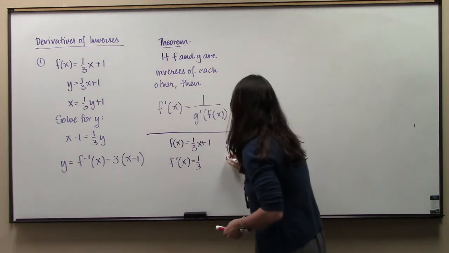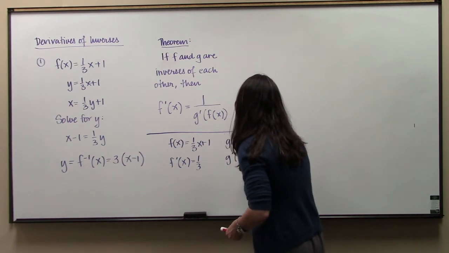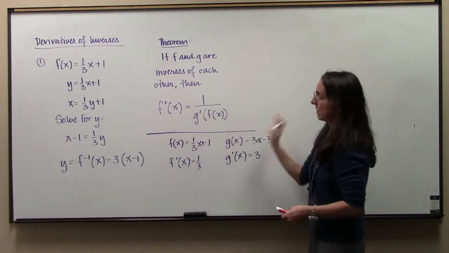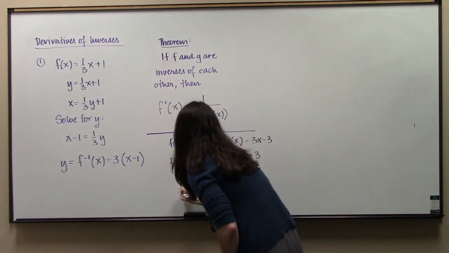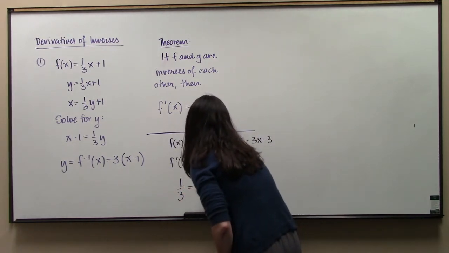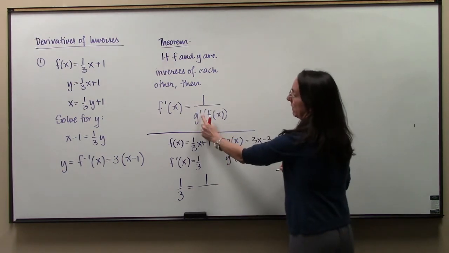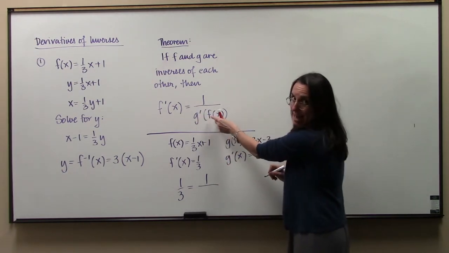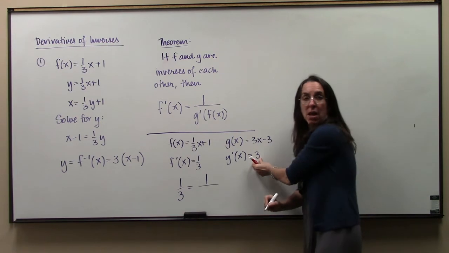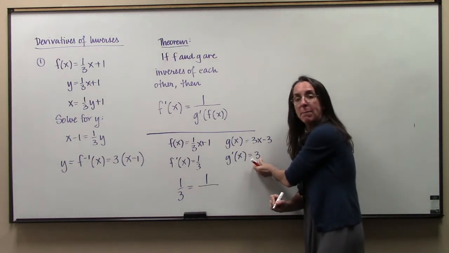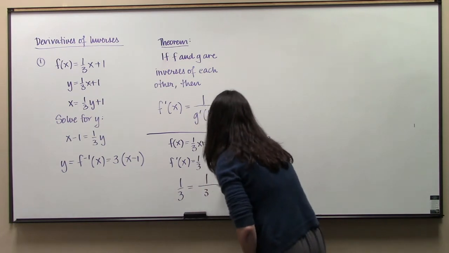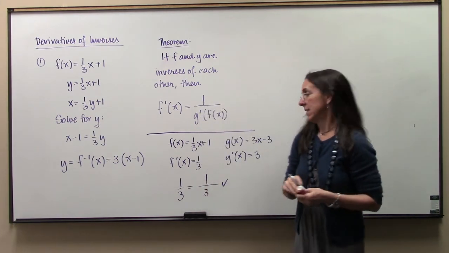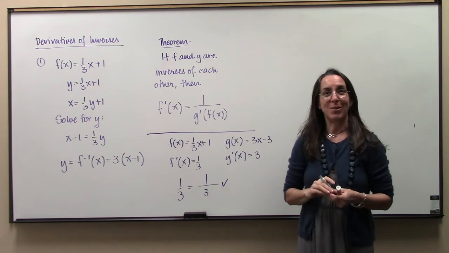And g prime is just equal to 3. And the theorem says that the derivative of f is equal to 1 over the derivative of g evaluated at f. But g prime is just a constant, so it'll just be equal to 3 everywhere. So at least in the case of a couple of lines, the theorem holds, right?